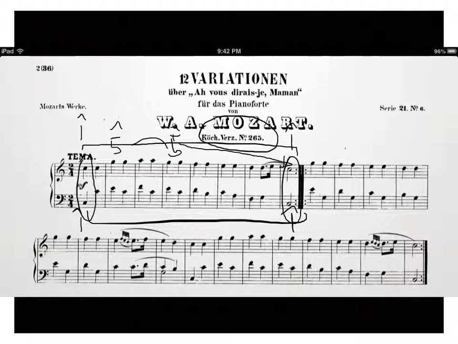And something about the intervals helps us understand that this is C major and that it's a very simple setting of C major. So we talked about how Mozart uses a lot of thirds. The third between 5 and 3, the third between scale degree 6 and scale degree 4.